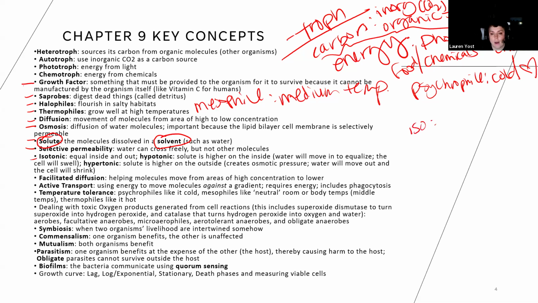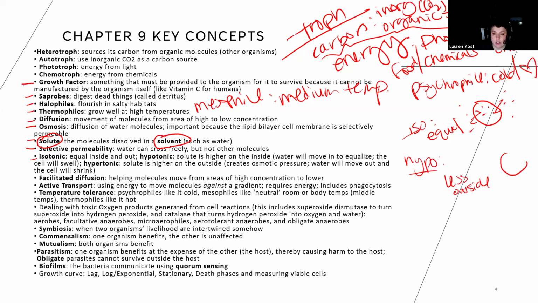In iso, we have it equal on each side. So we would have water being able to cross freely at all times in and out of the cell. And then for hypo, we would have less solute, whatever's dissolved in the water, outside.